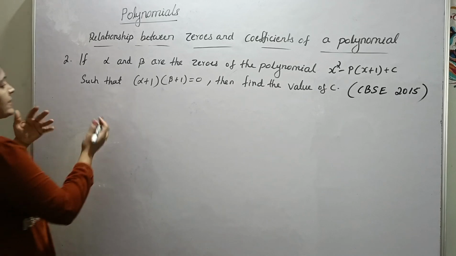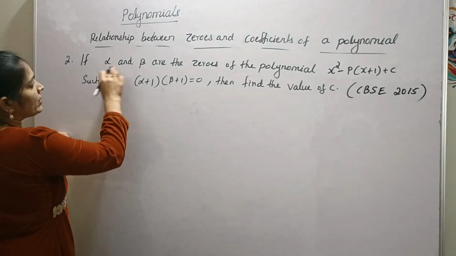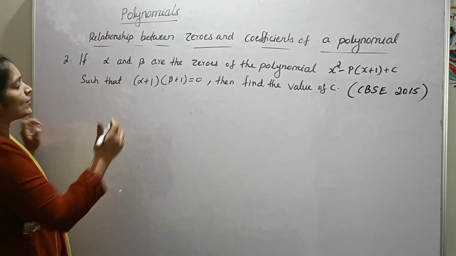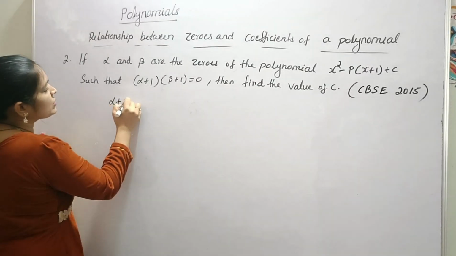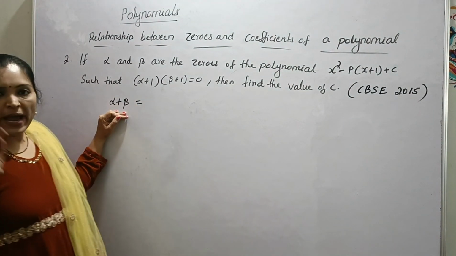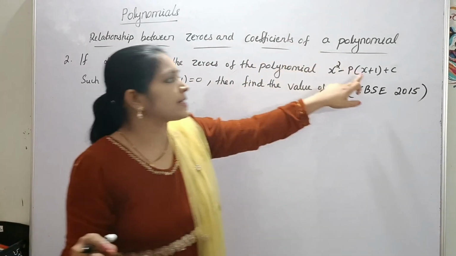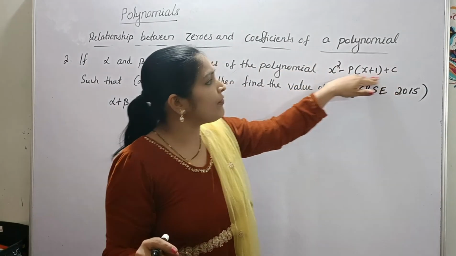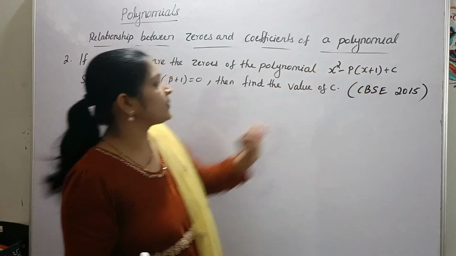Let's write what the relationship is. It is given that alpha and beta are the zeros, so we know that the sum of zeros, alpha plus beta, is equal to minus of coefficient of x.